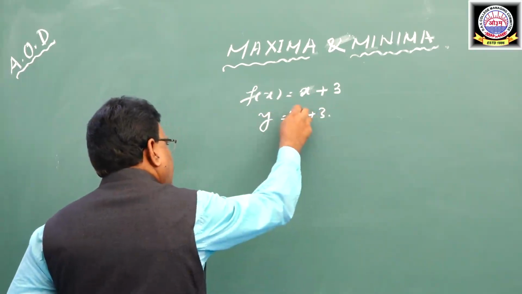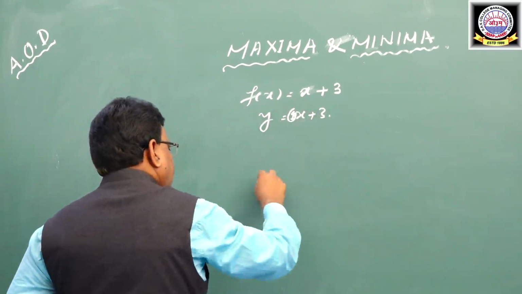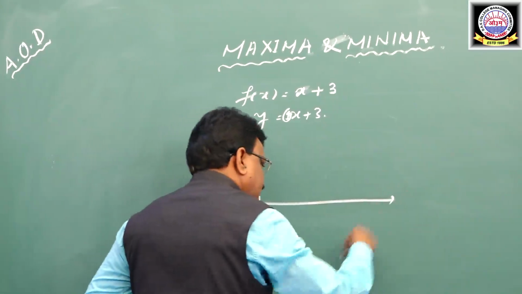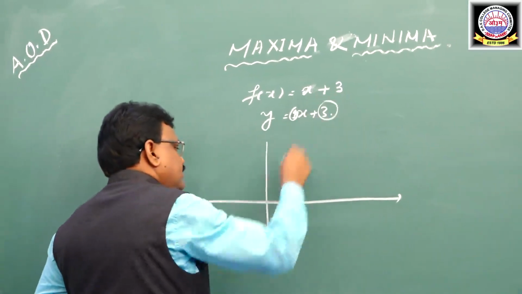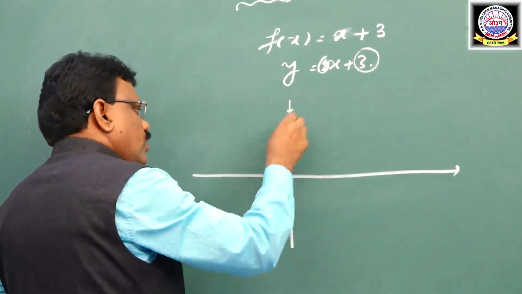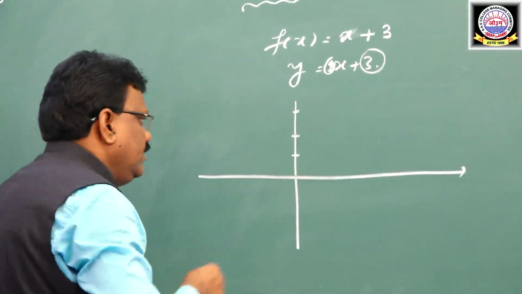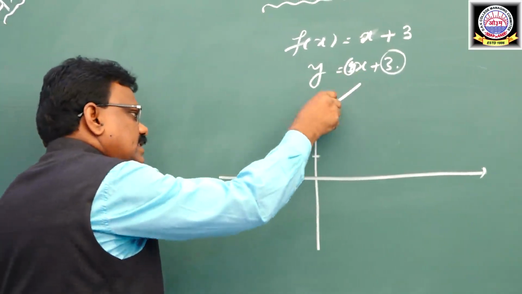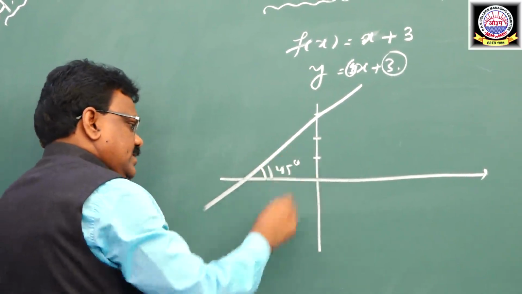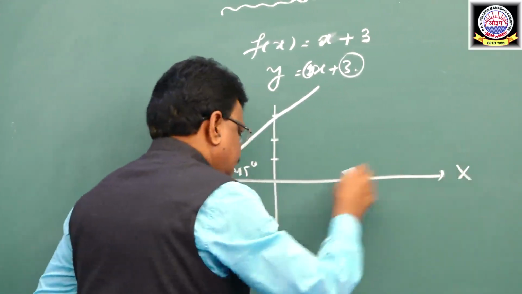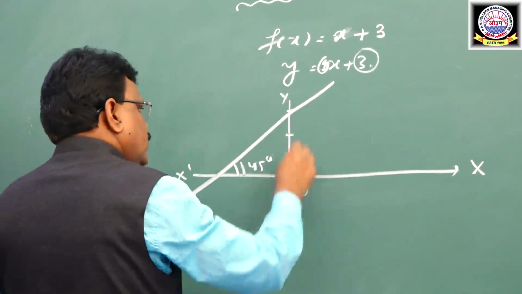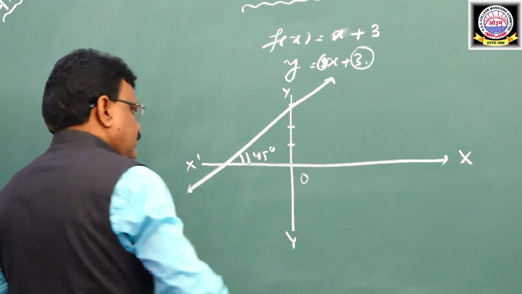So the slope is 1 here, slope 1 means tan 45 degrees is 1, and the y intercept is 3. So 1, 2, 3, and the slope is 1 means the line is making 45 degrees with the positive x-axis. This is your x-axis and that is your y-axis. So this is the graph of the function.